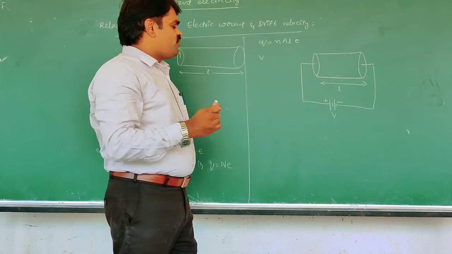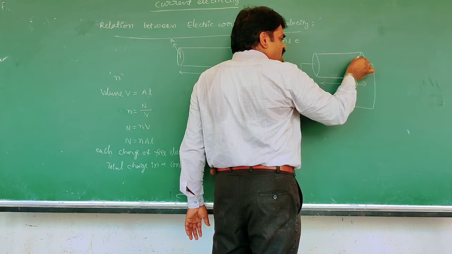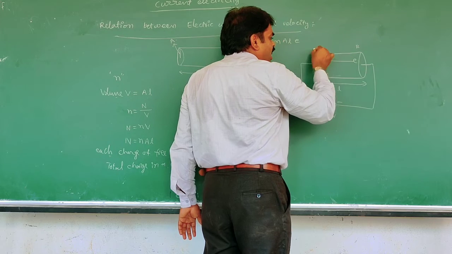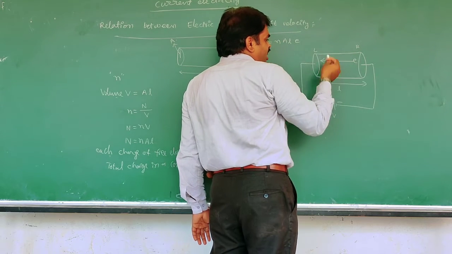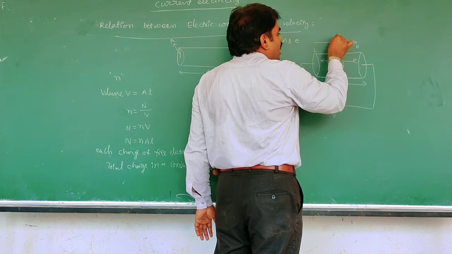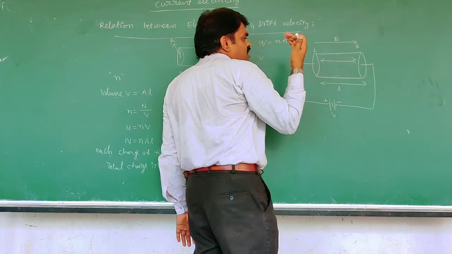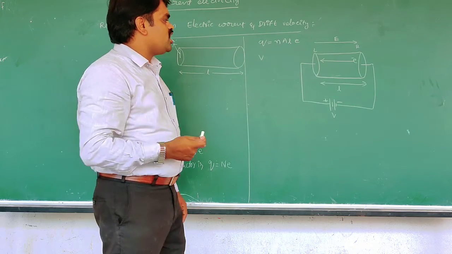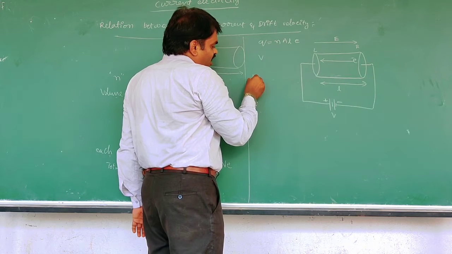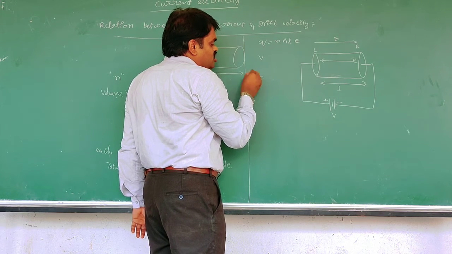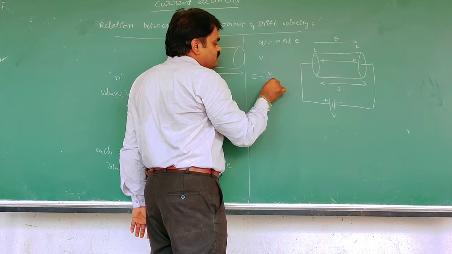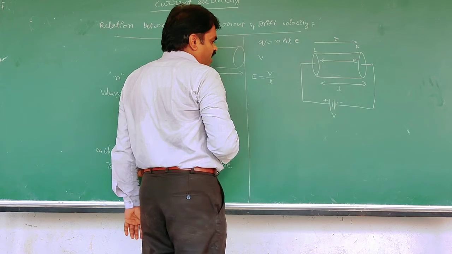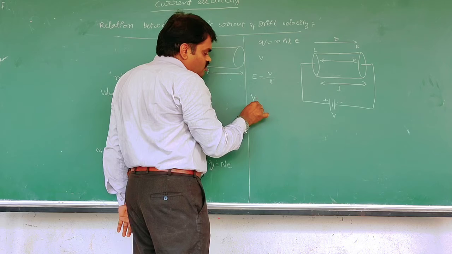Then the free electrons drift from right to left side, because the electric field is developed from left to right. That means the electrons are negative charge, that's why they are moving opposite to the electric field. The electric field set up in a conductor is E equal to V by L. Then the drift velocity is Vd.